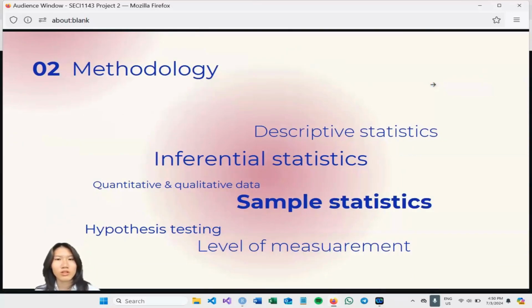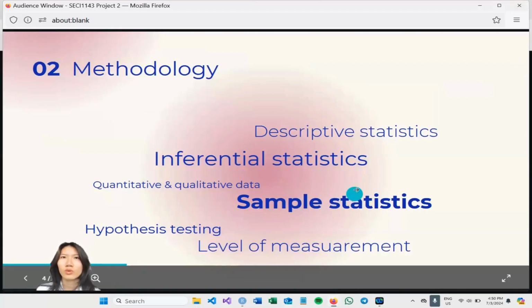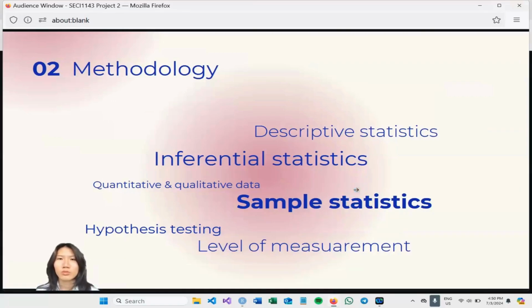Among all the methodology that we apply in this project, first is sample statistic, the main thing, where we manipulate the raw data obtained and then aim to make inferences about the population selected.